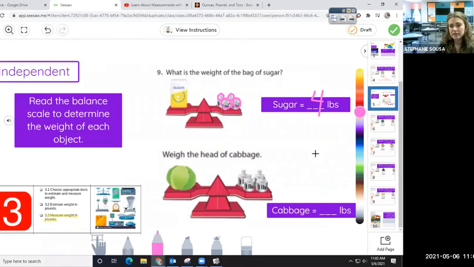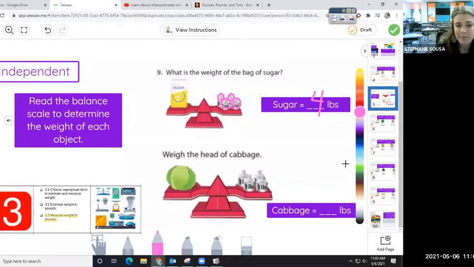So what they've done is they've put, just like on that lever that we saw, the sugar on one end, and then they added a pound, until it was even and it leveled out. When they balance, just like a balance beam, when they're the same, they equal the same amount. So it took 4 pounds, 1, 2, 3, 4, to get it balanced and straight.